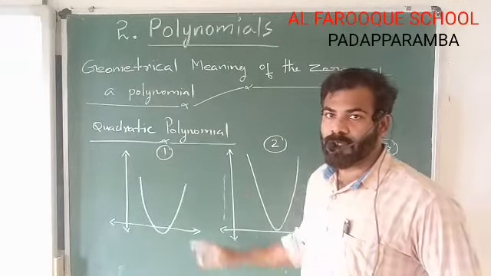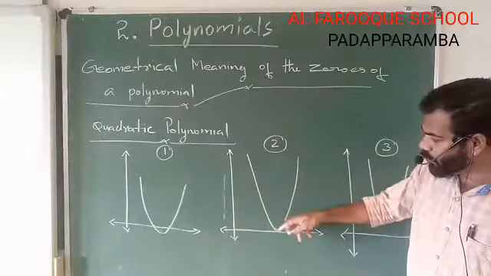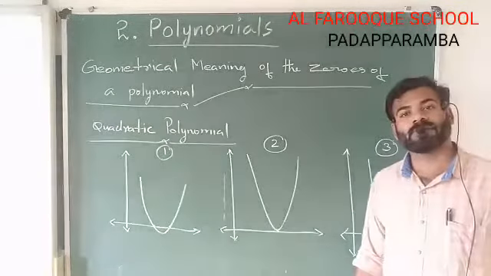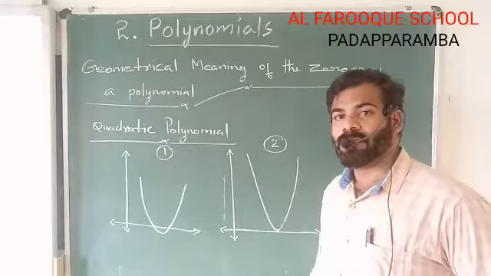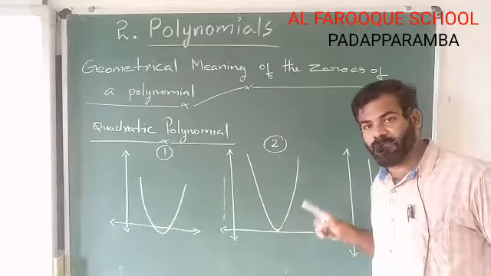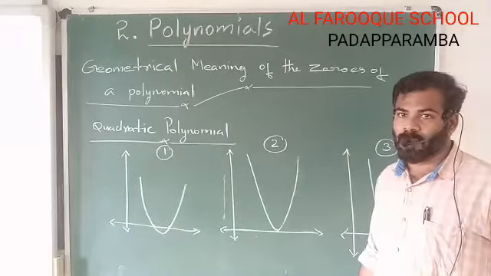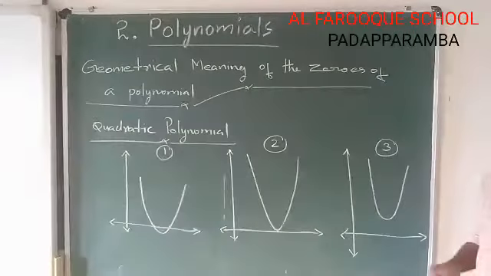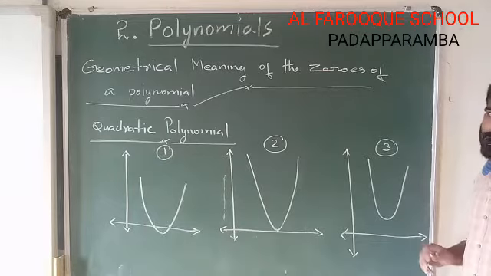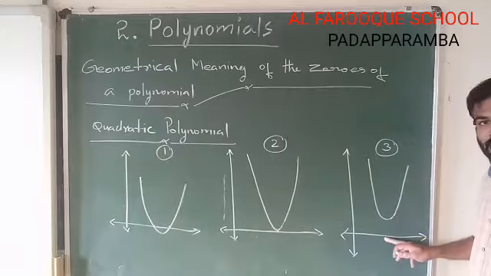Is it clear? Now what about the second figure? Here the curve intersects the x-axis in one point. So here we can say that this type of graph has only one zero. What about the third one? Here you can see that there is no intersection with the x-axis.